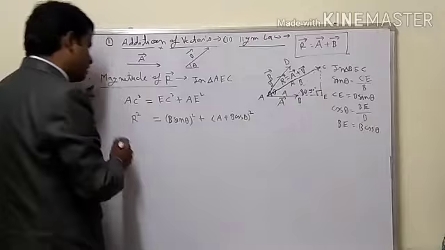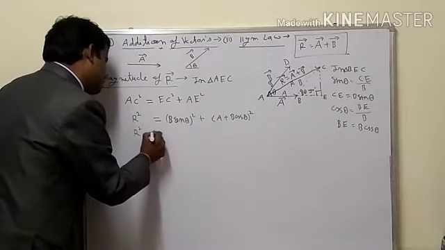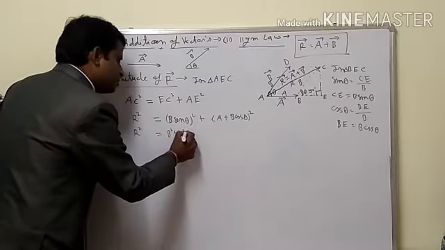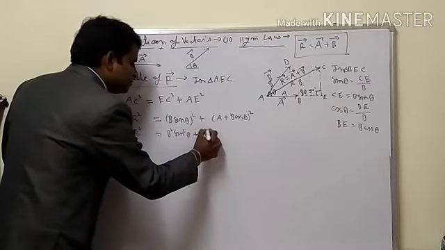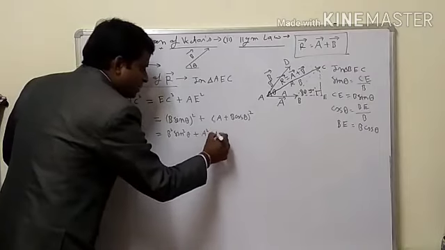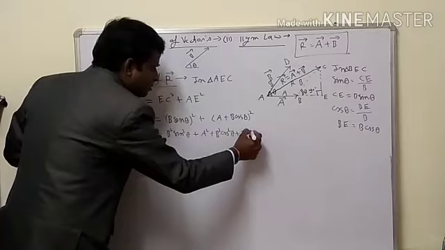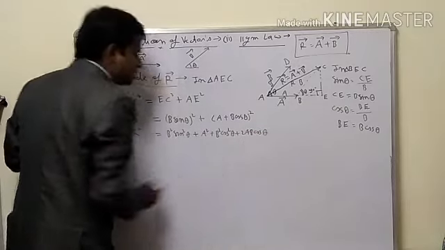So A plus B cos theta whole square. Now opening the bracket: R square equals B square sin square theta plus A square plus B square cos square theta plus 2AB cos theta.